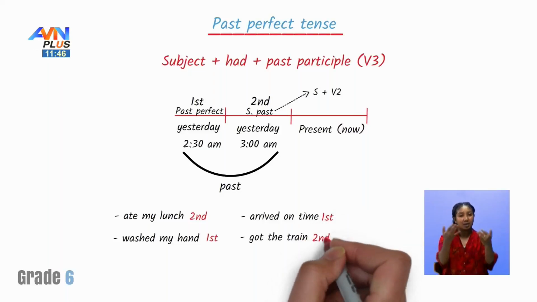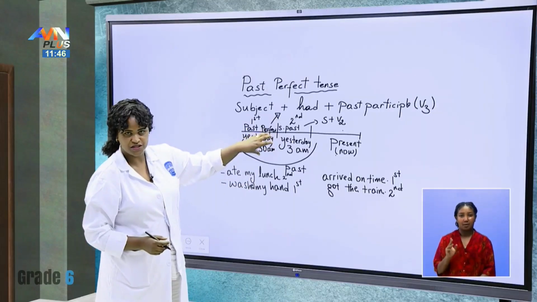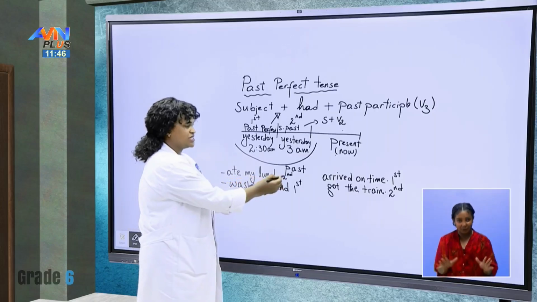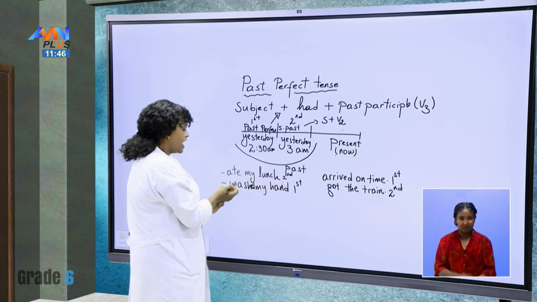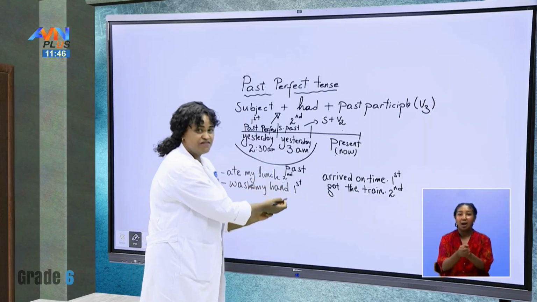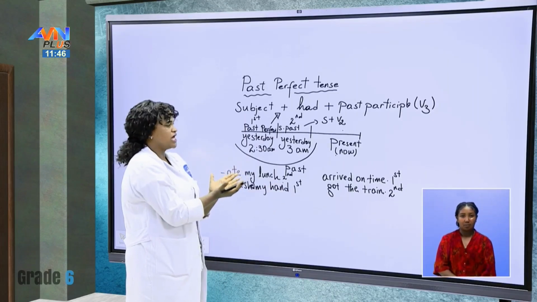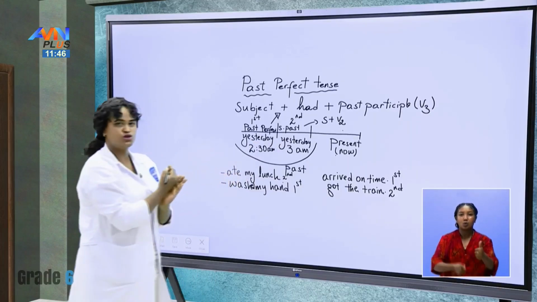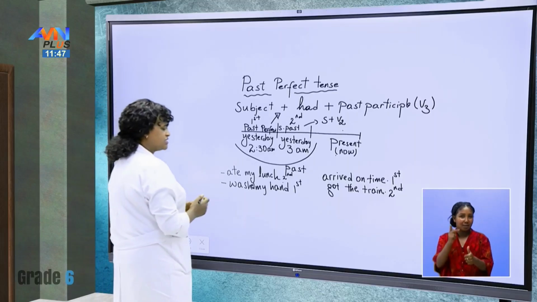Now, let us take this pair into these two past activities. Ate my lunch, we said it is the second one, which means very recent. And washed my hand is the first one. For which one do we use past perfect? For the first one. So how do I write it?